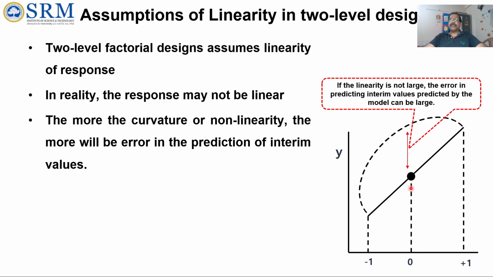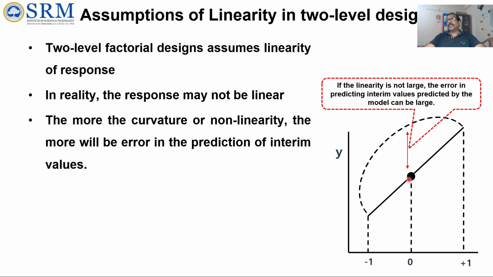In this model, if we want to find the value at the midpoint by substituting the factor 1 and factor 2 values, and the response value comes at the center point, then the prediction model is working fine.